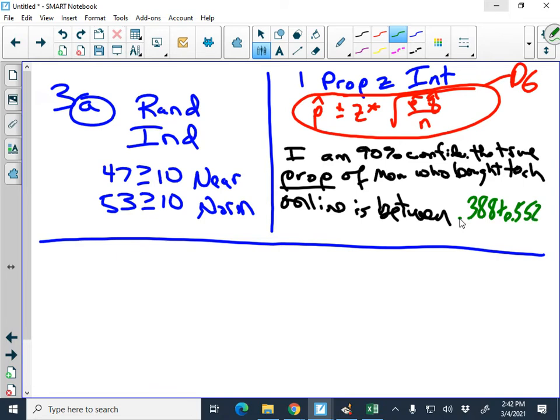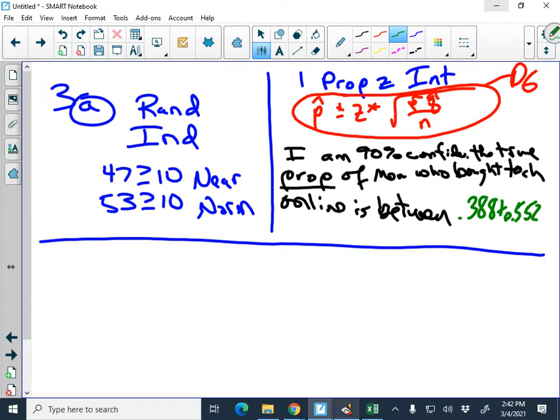I think. I could write the true percentage, and then I could make that 38.8 to 55.2. Okay, now part B asked me to do this for the women. Fair enough, 6 points. There's no hypotheses. Why? We're not being asked to test anything.